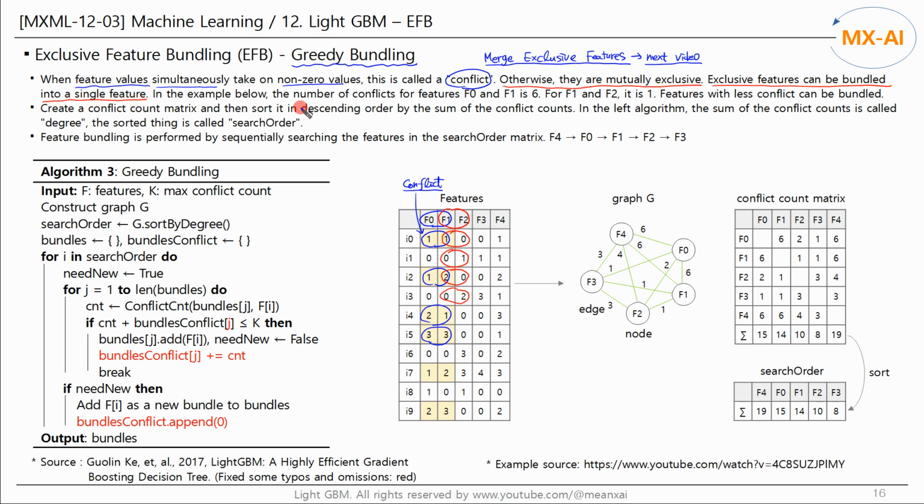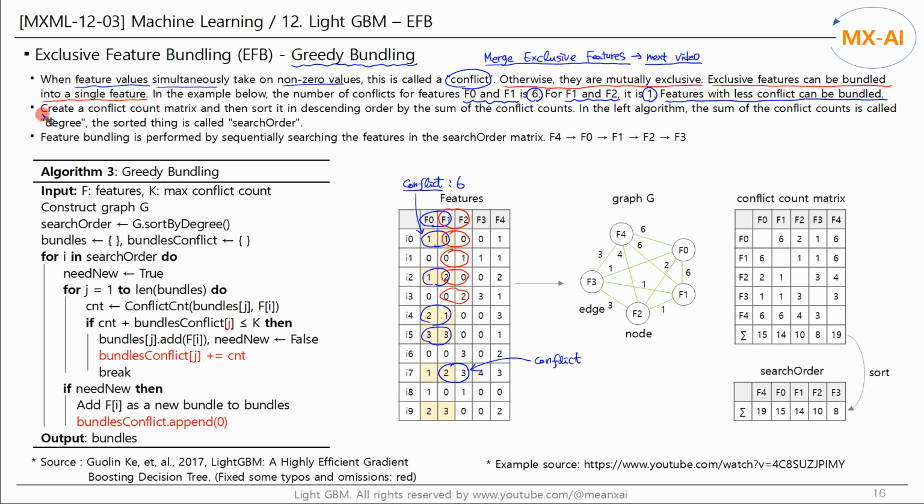In the example below, the number of conflicts between features F0 and F1 is 6. For features F1 and F2, the number of conflicts is 1. Here is one. Features with few conflicts can be bundled together.